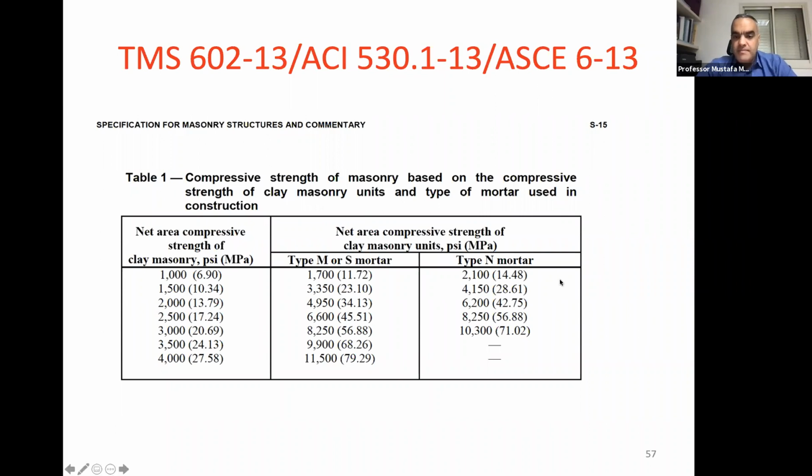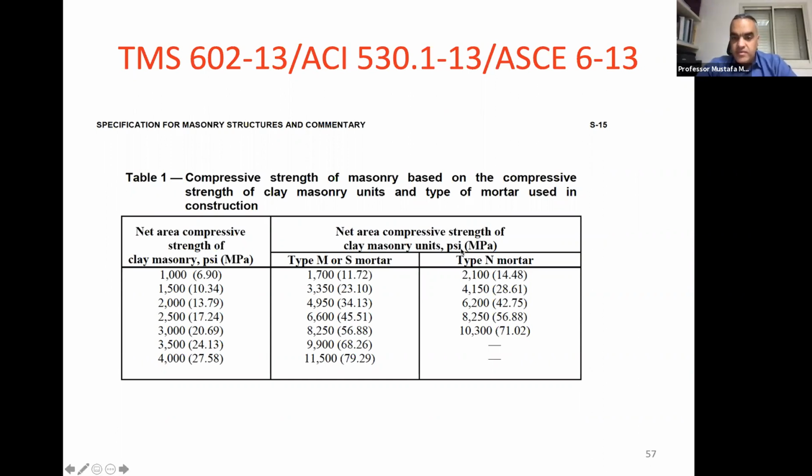And here you have the type of mortar, N or S or M. So with whatever net area we have for the unit, plus whatever type of mortar we have, those have different strengths. That will give us the net area compressive strength of clay masonry that we need to use in our design.